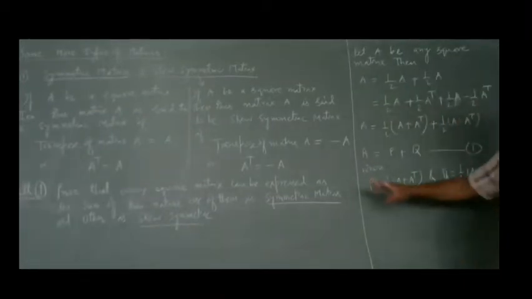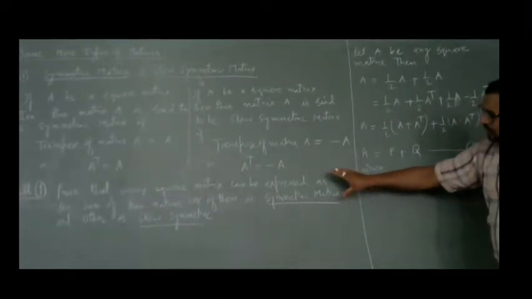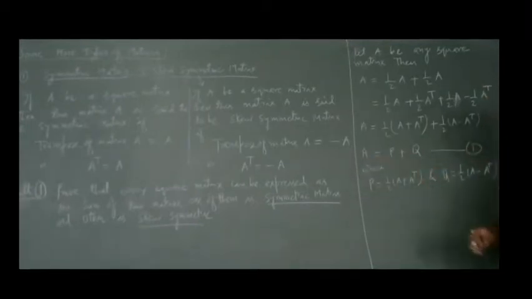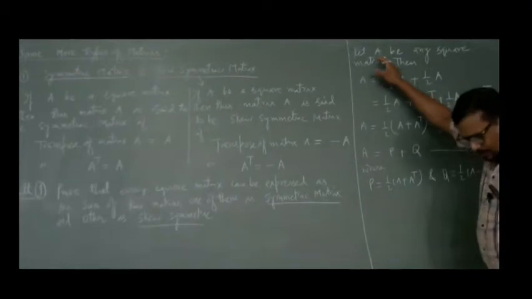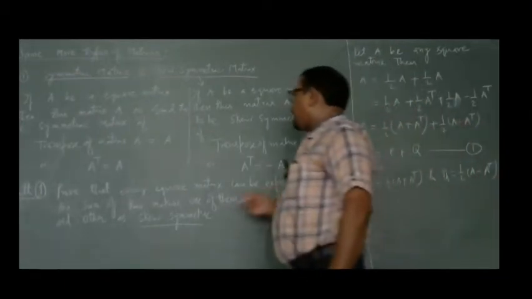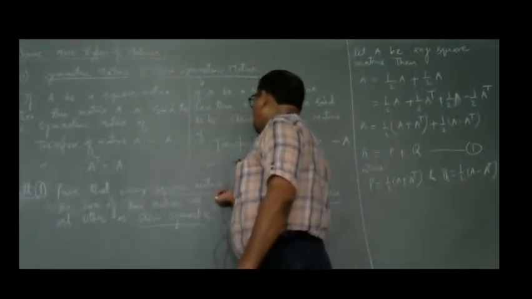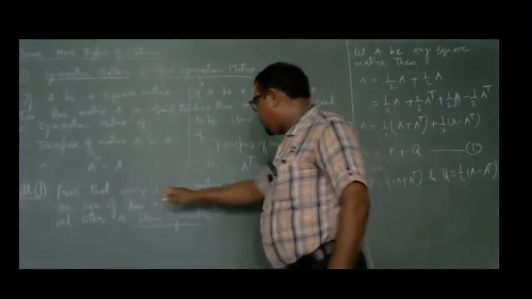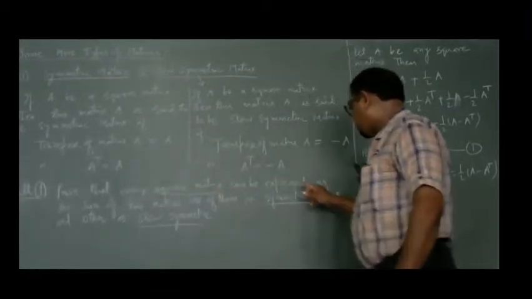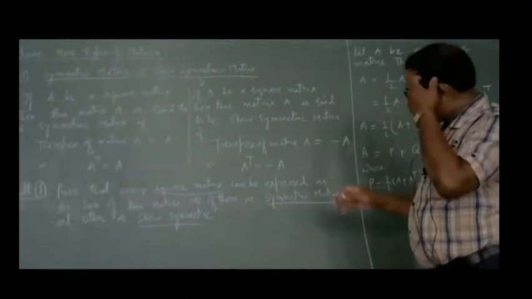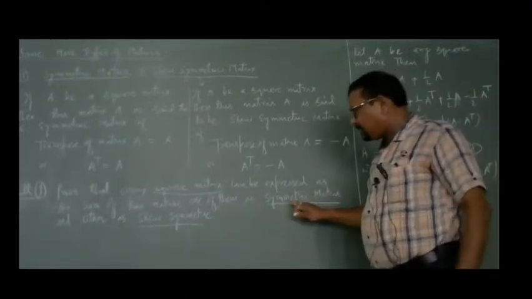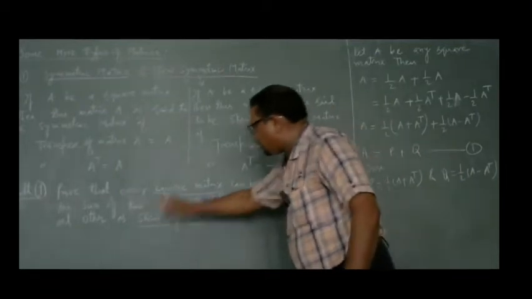As per this result, we have taken a matrix A, which is any square matrix, because you have to prove every square matrix can be expressed as the sum of two matrices. One of them is symmetric and the other is skew symmetric.